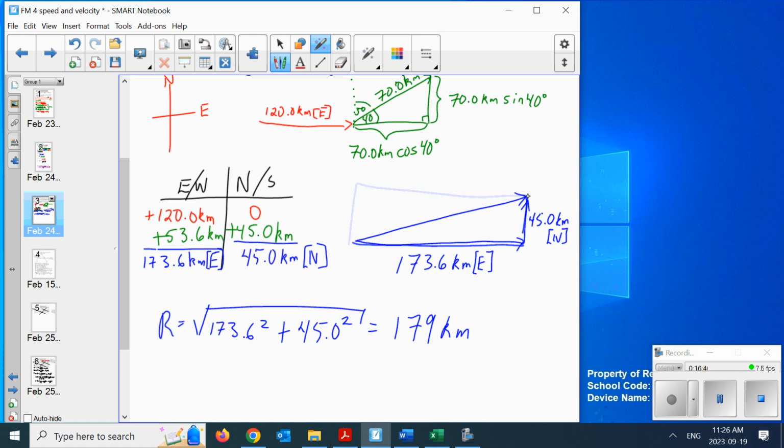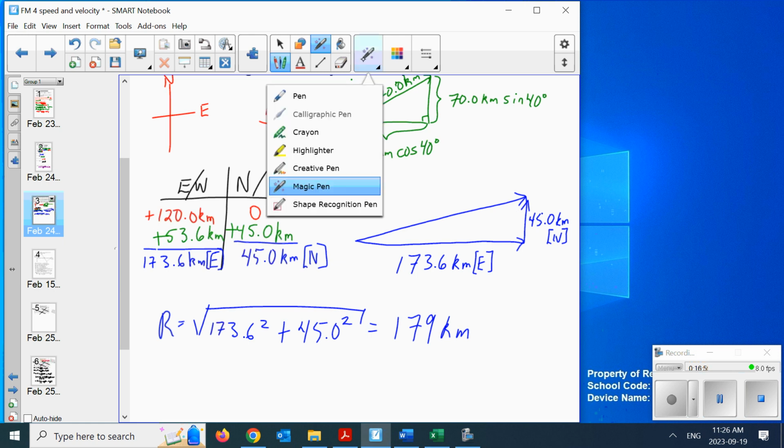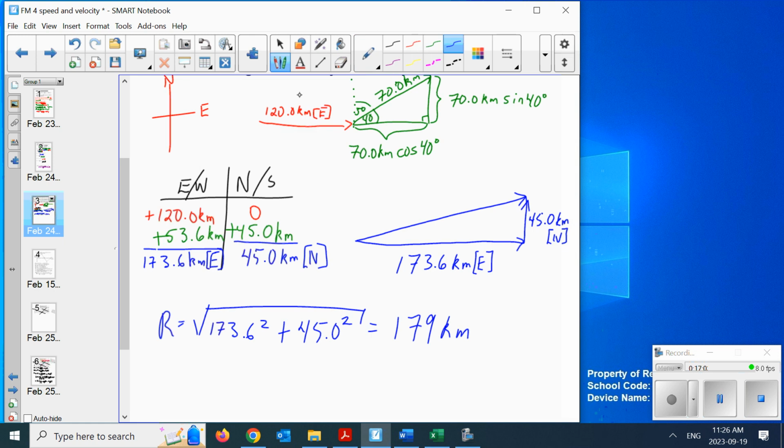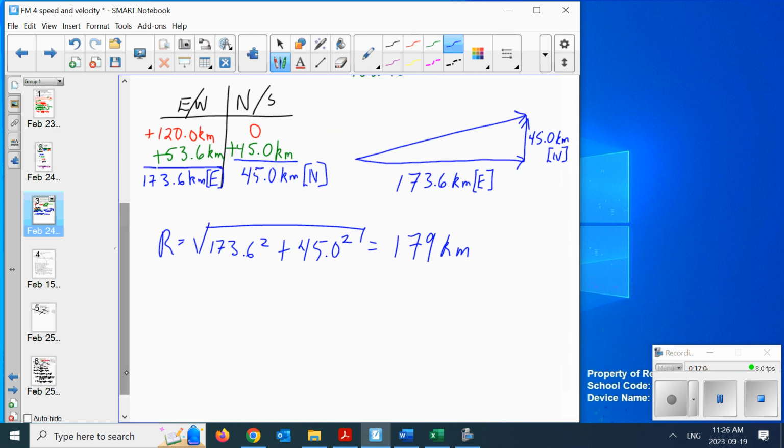So I'm actually going to get the angle by saying, yes, corresponding, opposite over adjacent. That's a tan. 173.6 over 45. So the angle is tan inverse of 173.6, the opposite, over the adjacent 45.